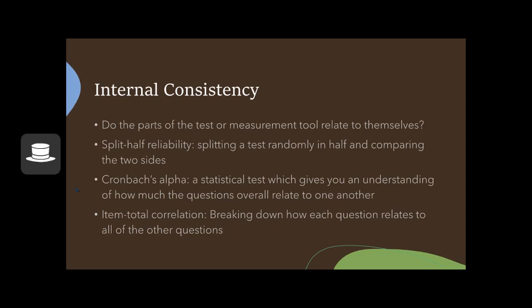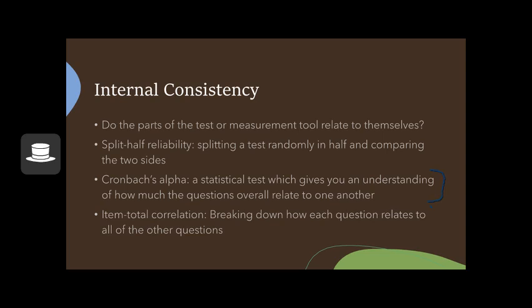There are a couple other ways of looking at them. You don't need to be too concerned with the details of these, just kind of get the idea. We have Cronbach's alpha and the item total correlation. Both of these basically look at how one question compares to all the other questions on a test. The Cronbach's alpha gives you one big number for the entire test.